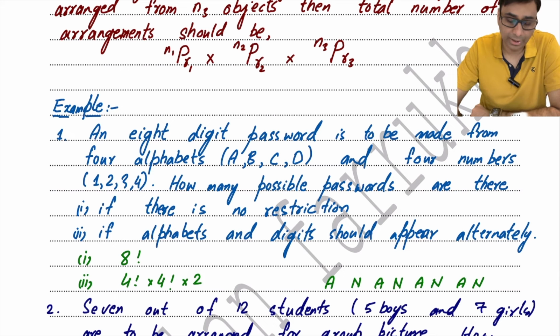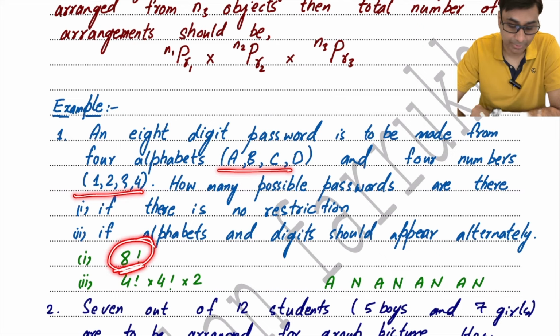For example, if I have to make an 8-digit password and it has 4 alphabets and 4 numbers, what are the possible ways of making these passwords? So I know that I have a total of 8 options available, and if I have to make an 8-digit password, that's going to be 8 factorial.